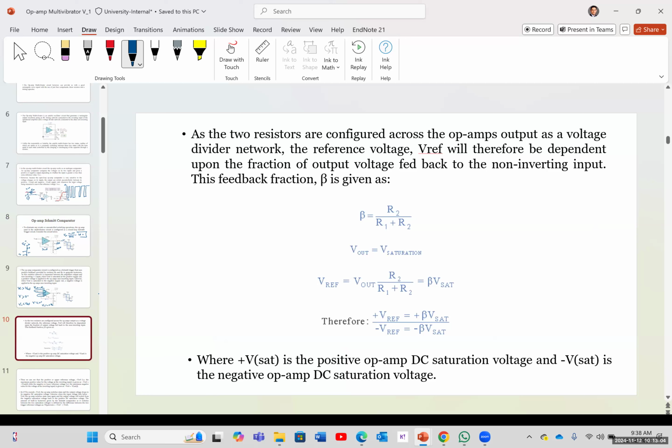Now, as two resistors are configured across the op-amp output as a voltage divider network, the reference voltage V reference will therefore be dependent upon the fraction.